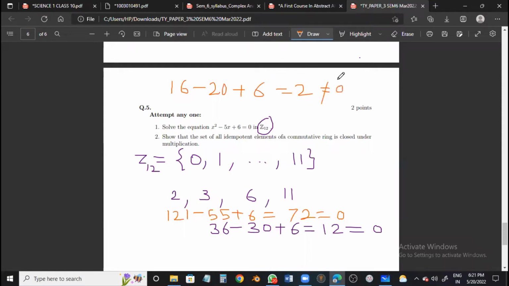And because 2 is not 0, you cannot say 4 is the answer for this particular equation. So this way you need to solve it. Either you check for every entry, you have 12 entries with you. You're not going with 0. You're not going with 1. So reduce to 10 entries. So I hope you can do it. Followed me?